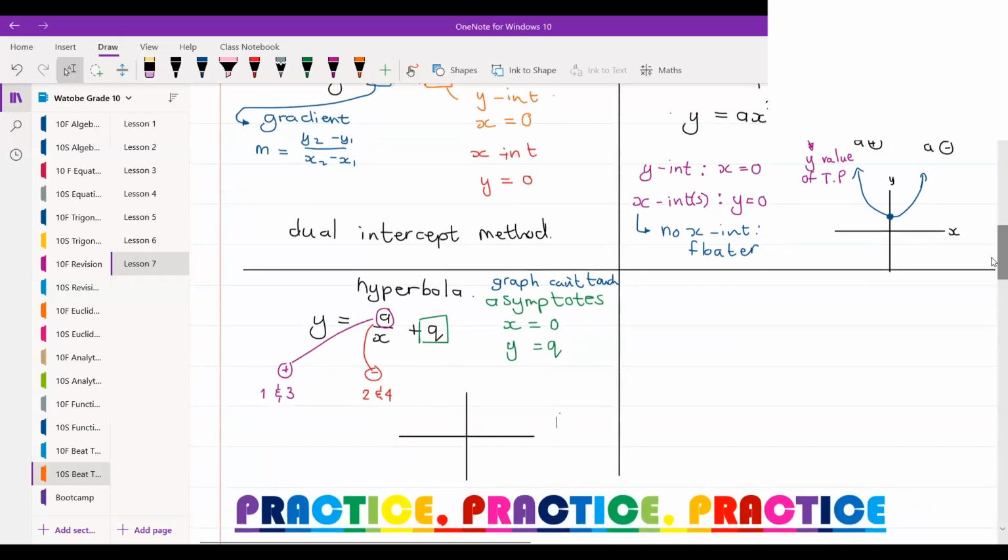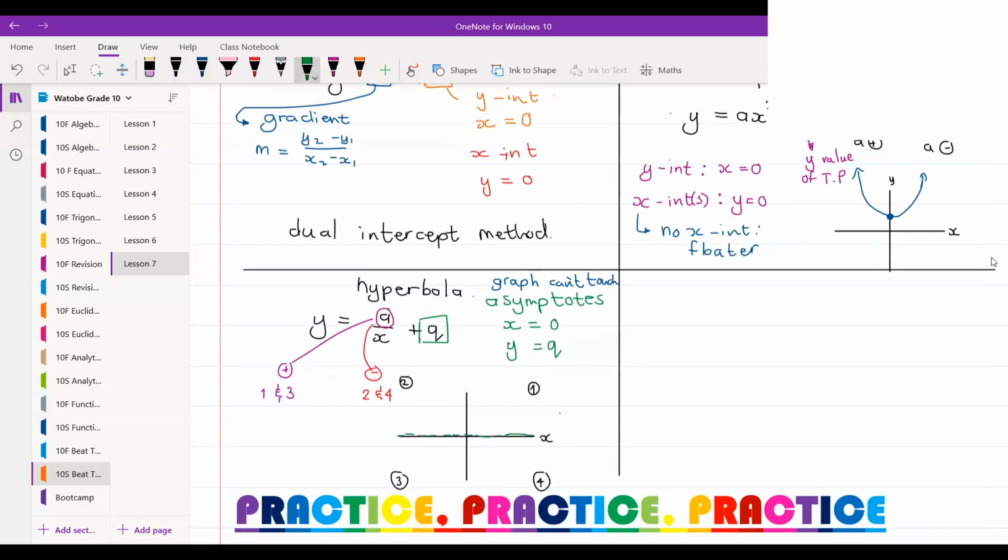So if it is positive, remember we're going to mark here quadrant 1, quadrant 2, quadrant 3, and quadrant 4. Now, my asymptote, the reason I write x is equal to 0 is because this is my x-axis. This is where everything is equal to 0. So where x is equal to 0 is everywhere along this line.